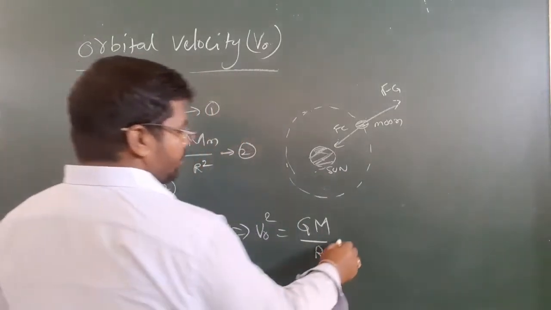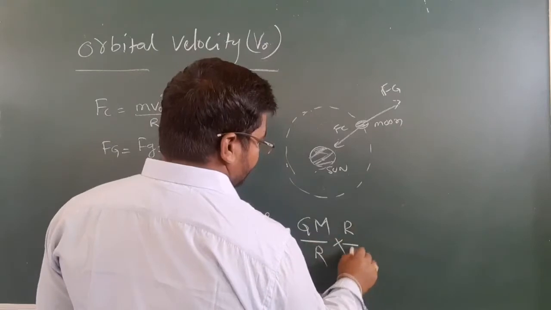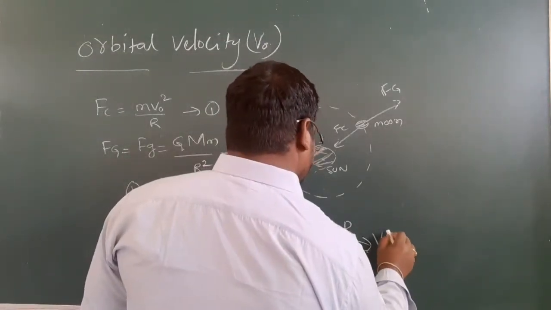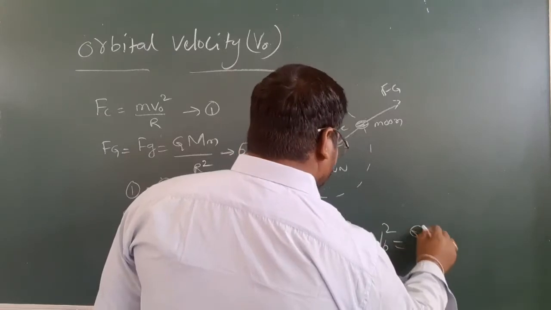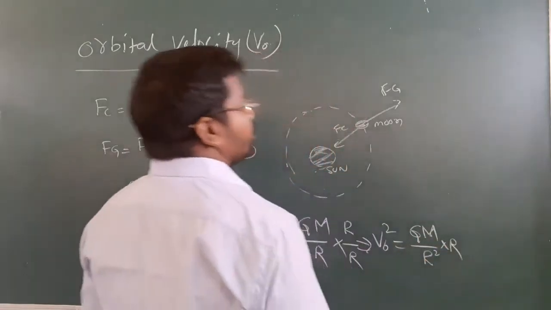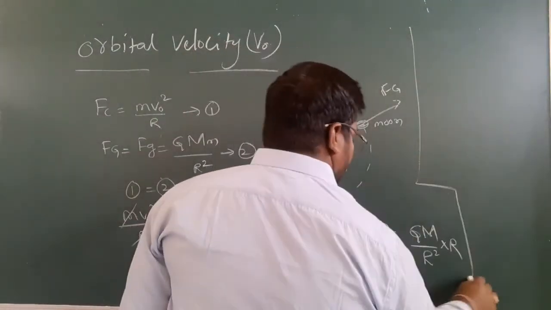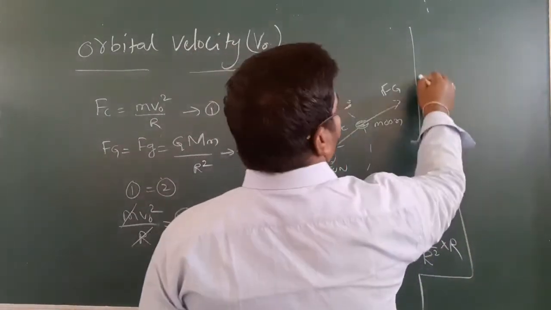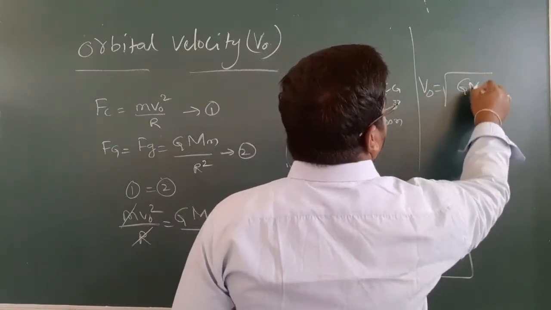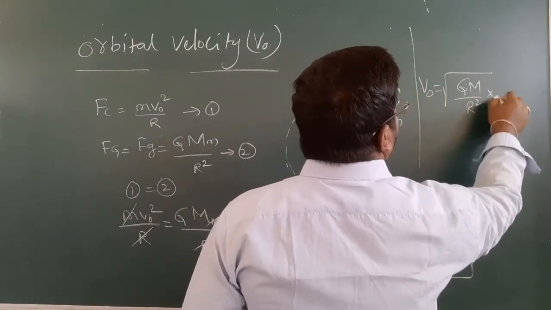Now we can multiply by r by r. So finally we get v0 square is equal to G M by r square into r. So v0 is equal to root of G M by r square into r.